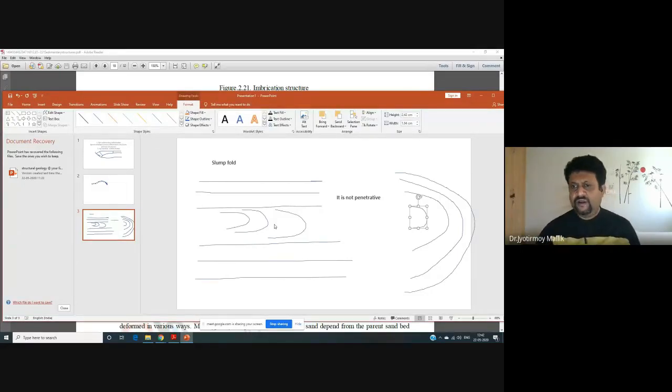Everything will be folded. Maybe the amplitude of the fold is different depending on the competence contrast or any other reason, but the deformation should be all across your strata. It will not be restricted to only one set of layers. So this is one of the ways to identify such penecontemporaneous deformation structures.